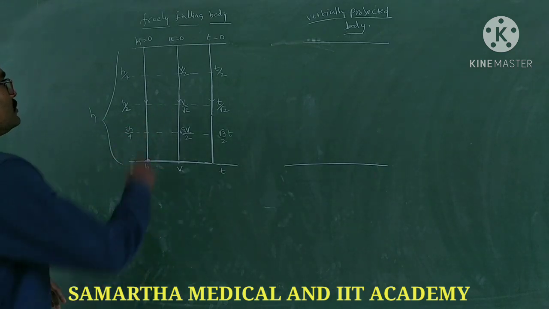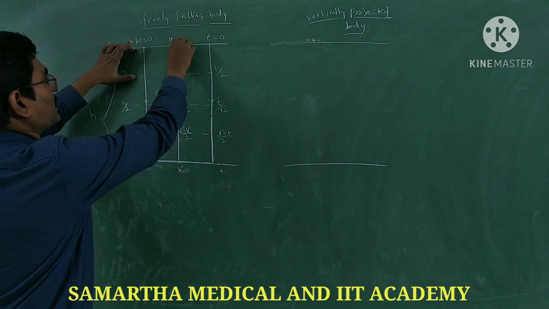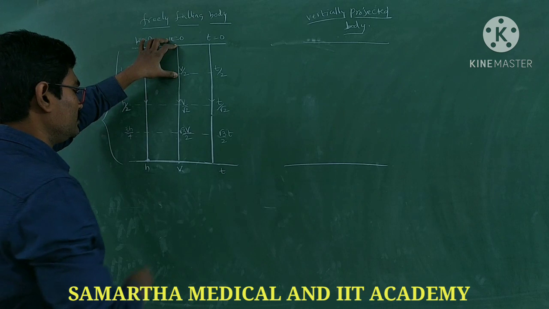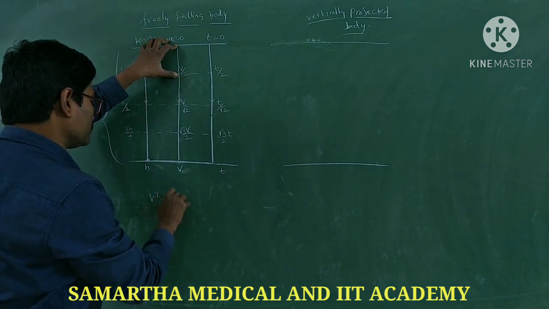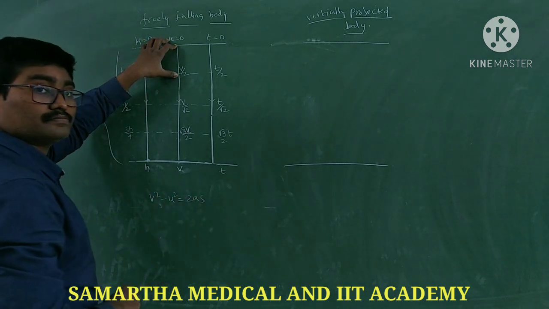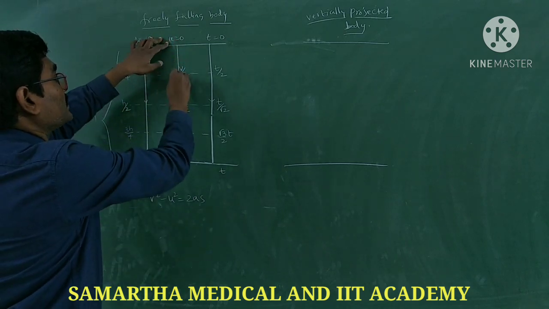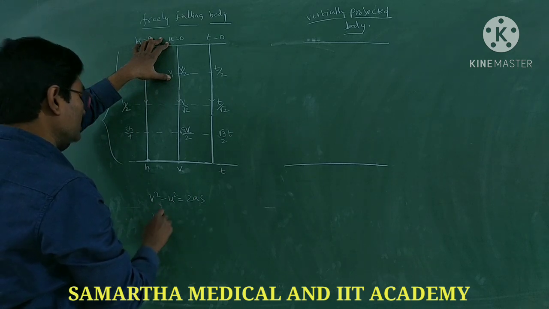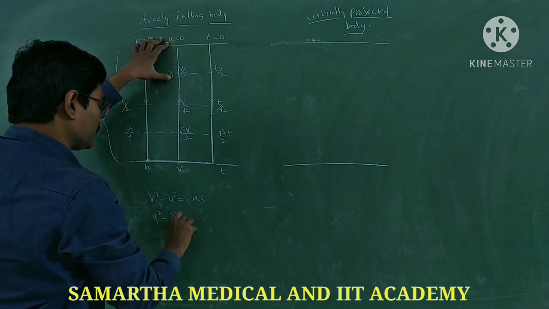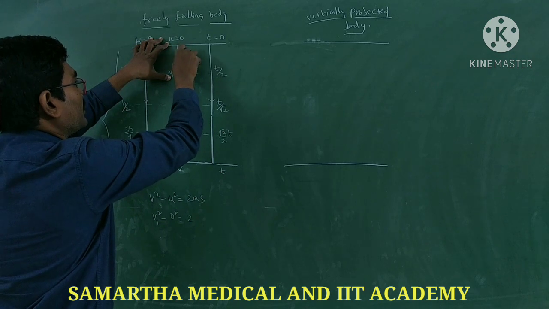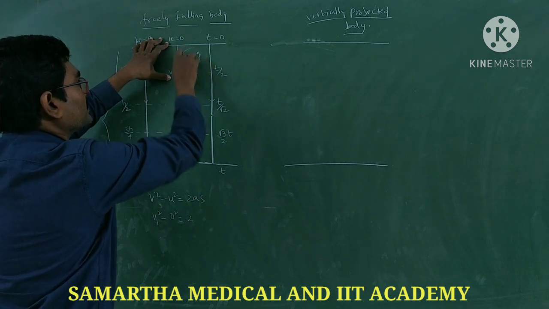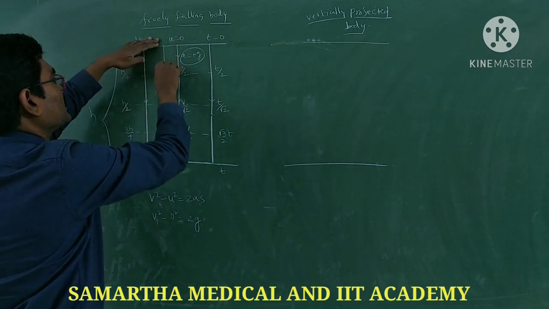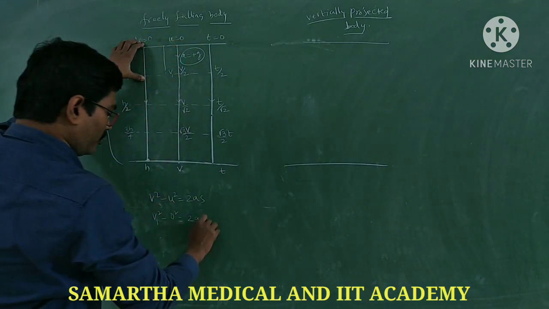Suppose a body is traveling from here to here, what is the velocity it acquires? From v square minus u square equal to 2as, consider v as v1. v1 square, u is 0, square is equal to 2 into a. While coming down, what is a? Plus g. And s, the distance covered, is h by 4.